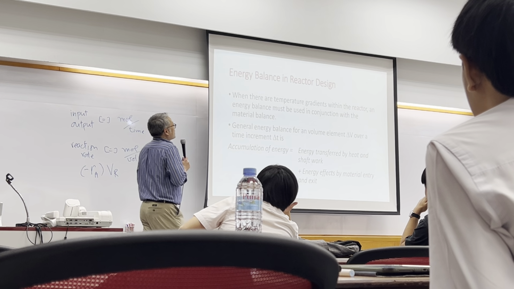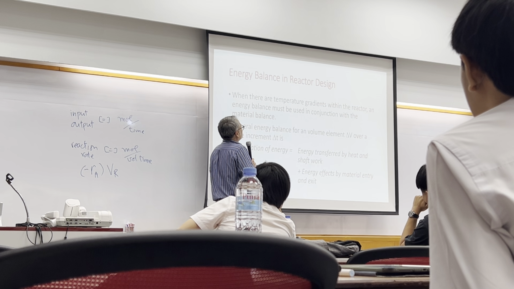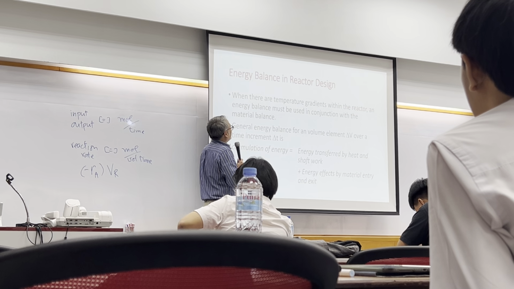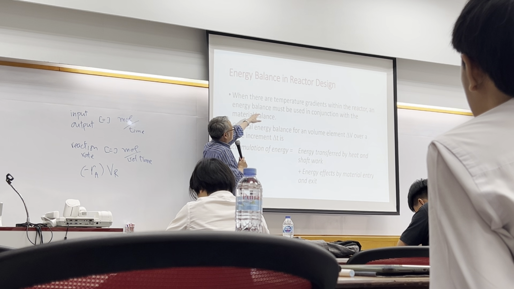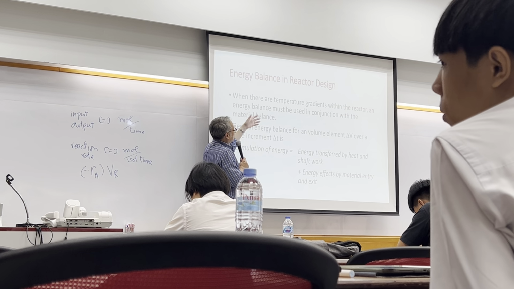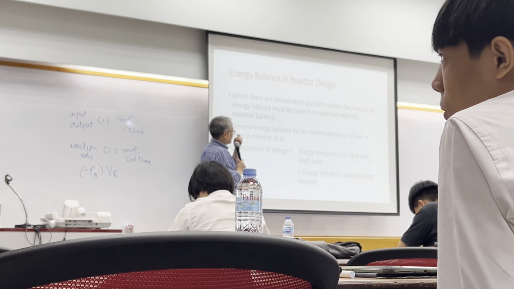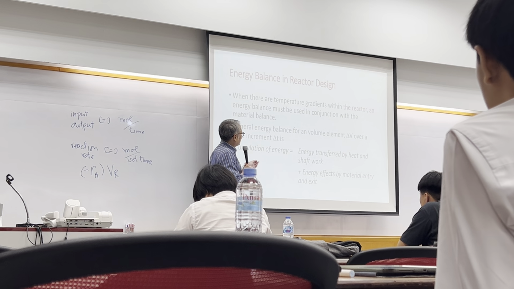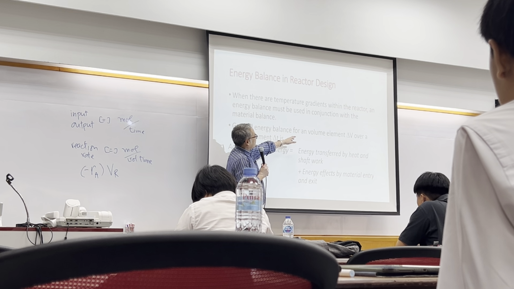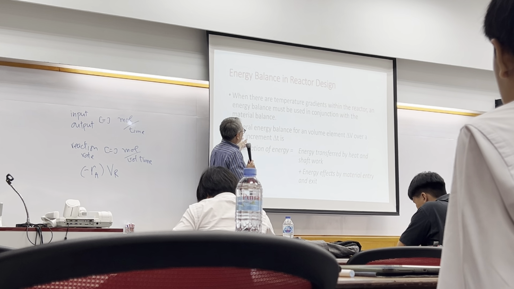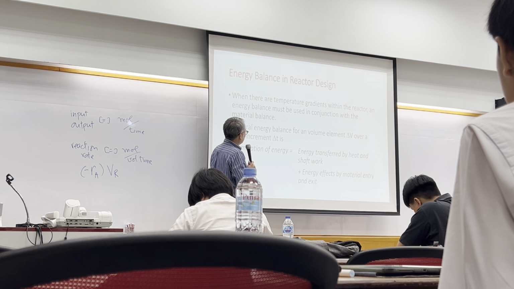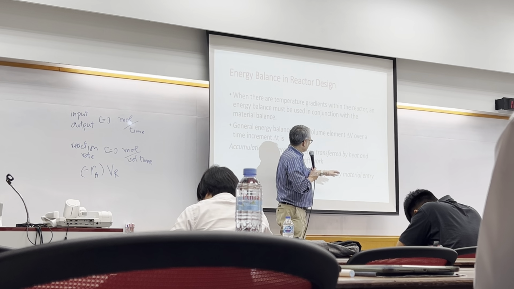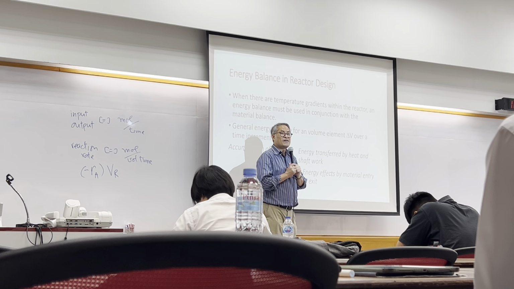Then energy balance, okay? This comes into play when there's heat transfer required. So where there are temperature gradients within the reactor, energy balance will be used in conjunction with material balance. Okay? Energy balance looks something like this. It's over a volume element as well, with an increment of time of delta T. So accumulation of energy equals energy transferred by heat and shaft work.